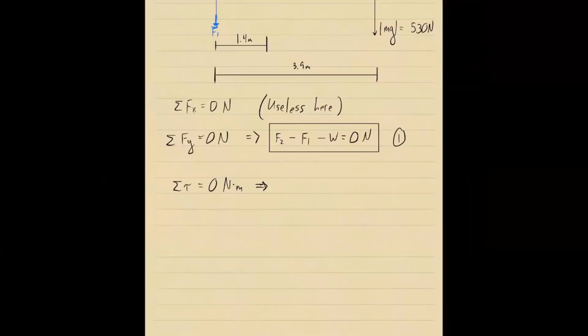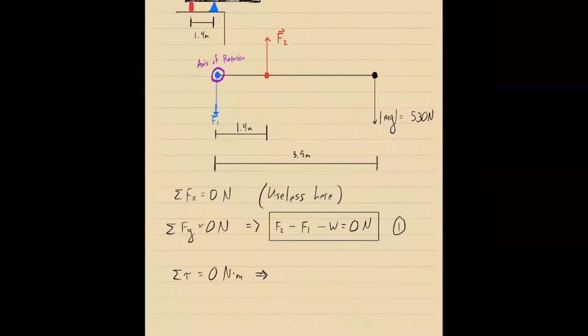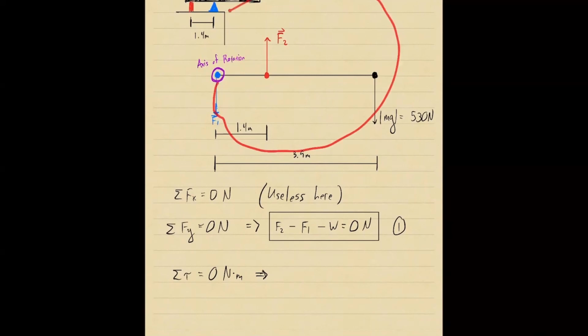And so notice here that if we were to apply a force here, this thing wouldn't really rotate, but pretend like this axis of rotation was anywhere else, right? Then if we were to apply the force F1 at this point, this board would start rotating counterclockwise.